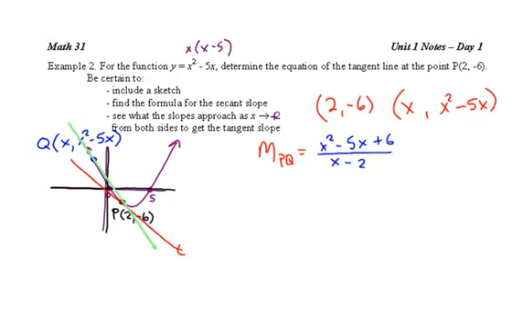Can we factor this guy? Probably. Two numbers that multiply to positive 6 add to negative 5. You guys know how to factor. Okay. Oh, look, we can cancel.